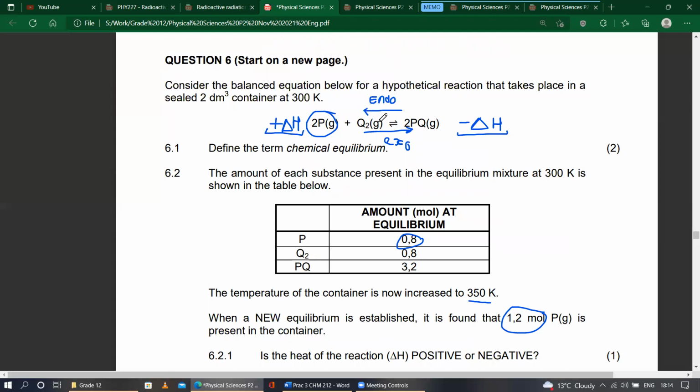So in this situation, they tell us that at the first equilibrium, which is at 300 Kelvin, the amount of moles of P is gonna be 0.8 moles, right? But now the temperature has increased from 300 to 350 Kelvin.